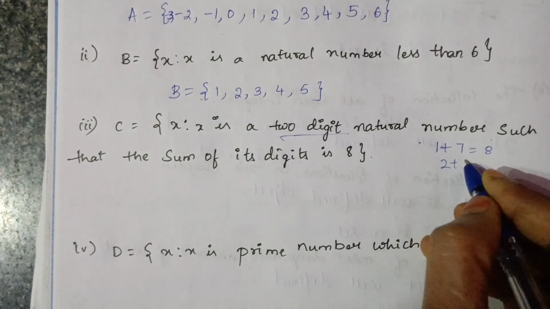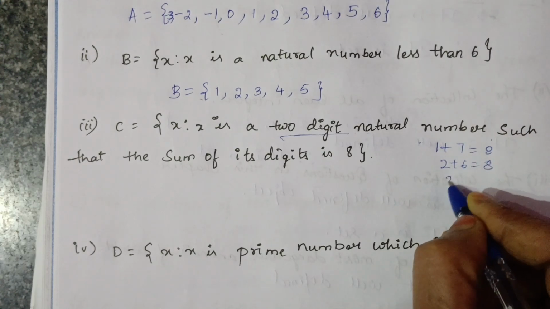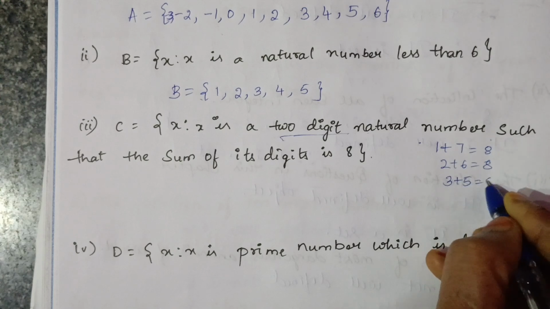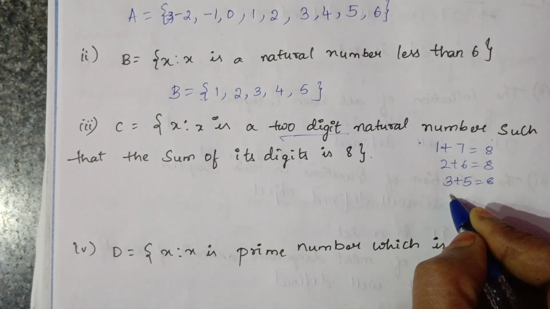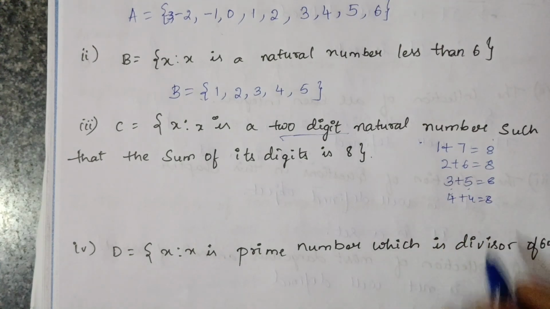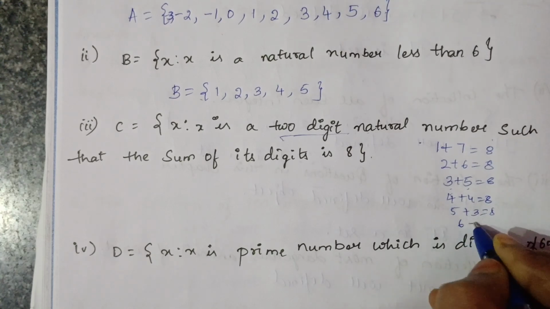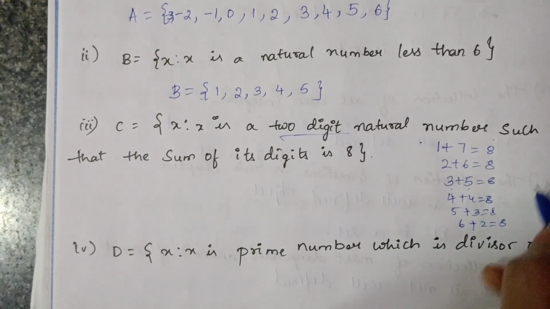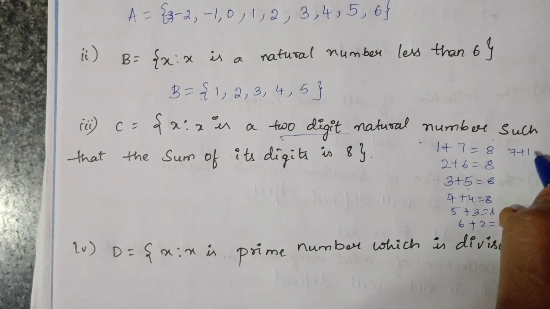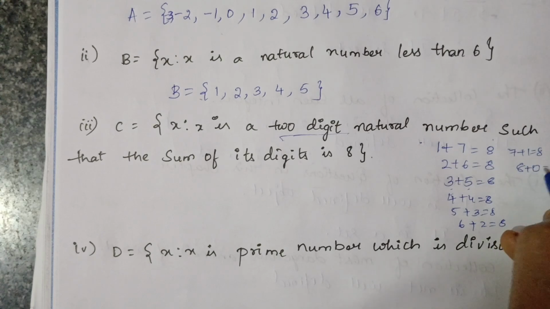Next, 2 plus 6 gives 8. Next, 3 plus 5 gives 8. Next, 4 plus 4 gives 8. Next, 5 plus 3 gives 8. 6 plus 2 gives 8. 7 plus 1 gives 8. Next, 8 plus 0 gives 8. Here 8 is a natural number.